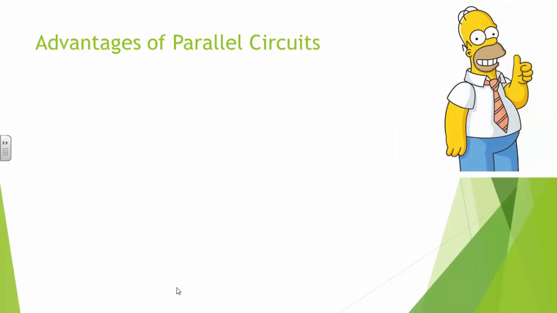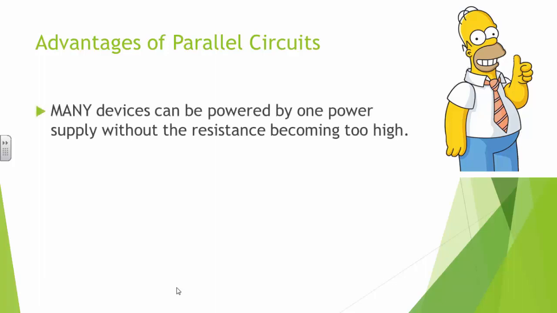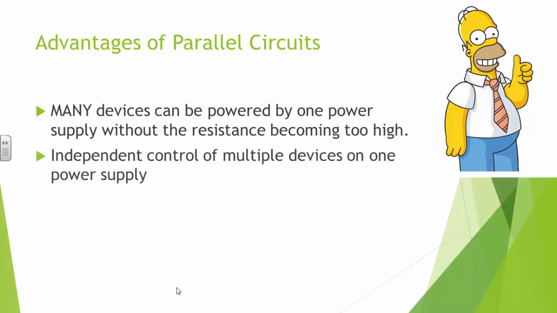Okay, you should be able to discuss the advantages of parallel circuits by now, but let's sum them up quickly. When we have devices wired in parallel, we can power many of them with one potential source without the resistance becoming too high. In fact, the overall resistance goes down. We can have independent control of multiple devices, so we can have switches for each individual device.